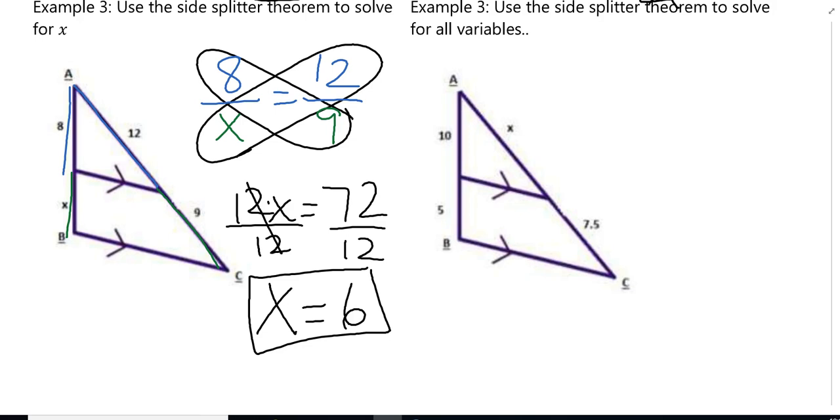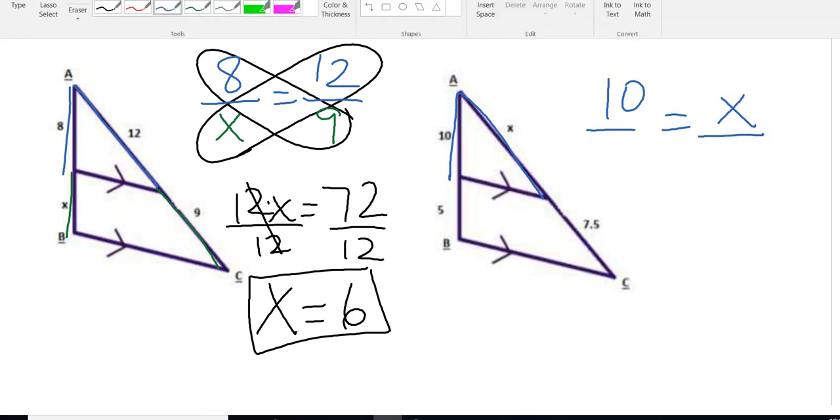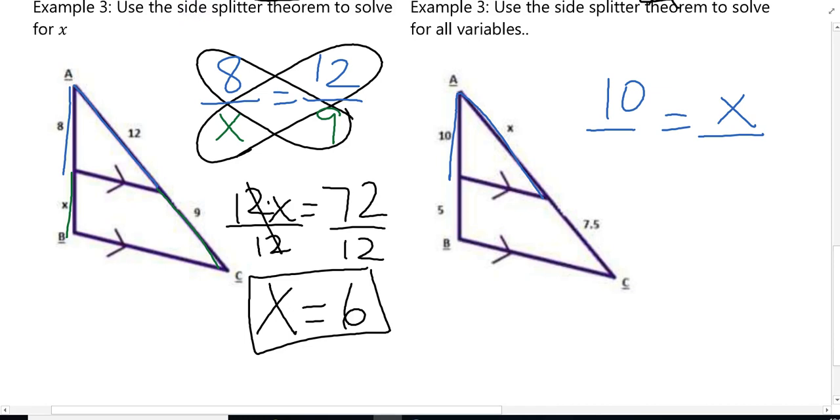Looking at example number 3. Parallel lines, so I'm going to set up my proportions. Top halves and top halves would be 10 at the top and x at the top. Bottom halves would be 5 and 7.5. So bottom section of that parallel line, 7.5.